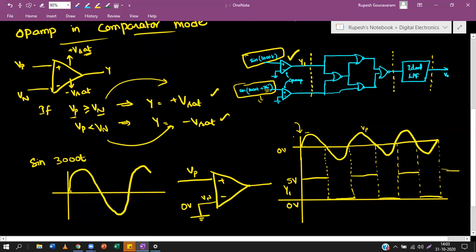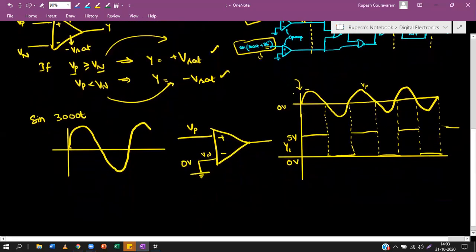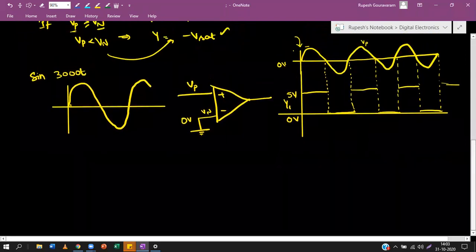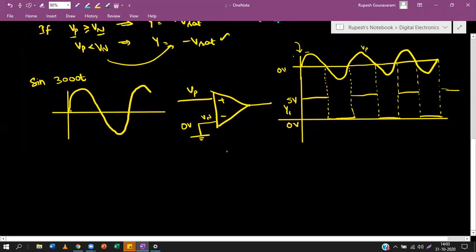Okay, so the general form of any sine signal will be like this.